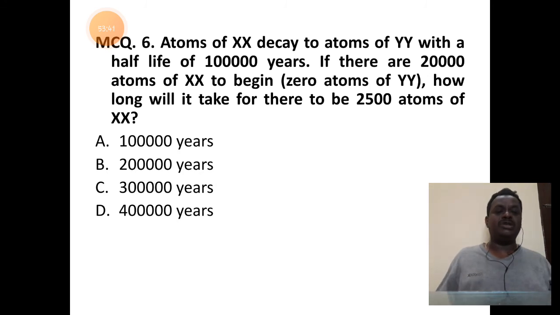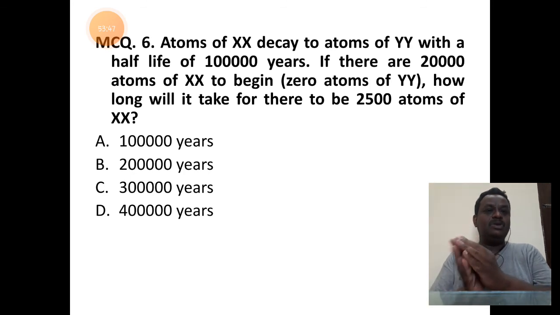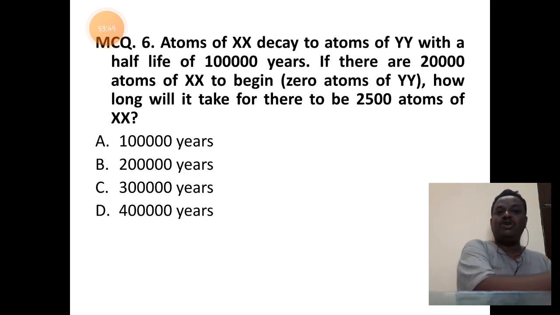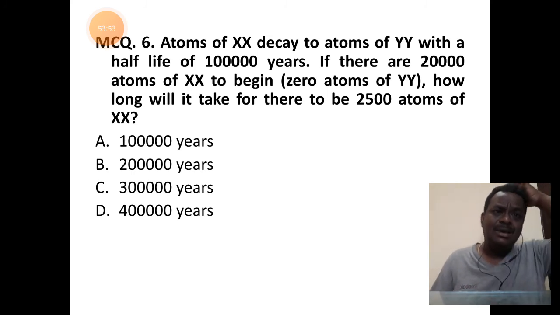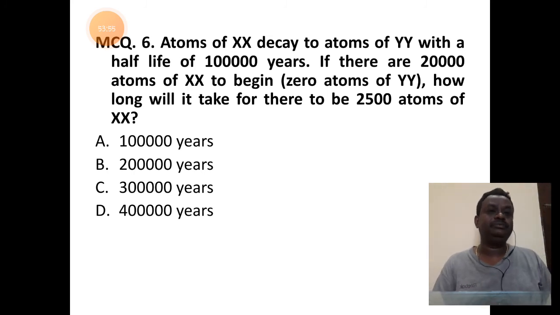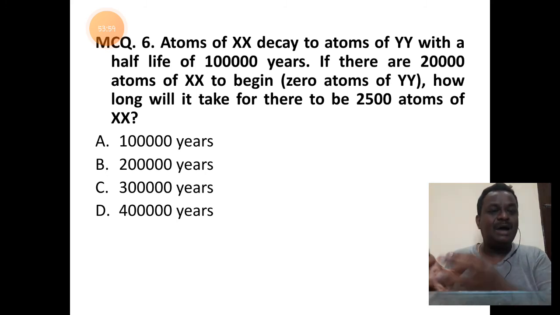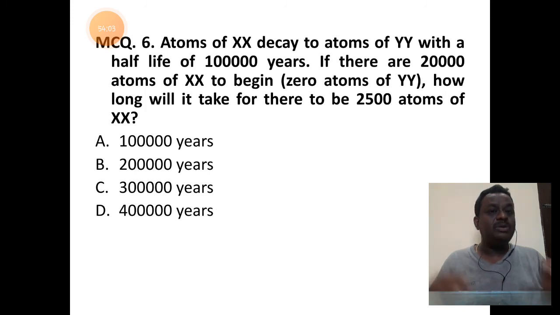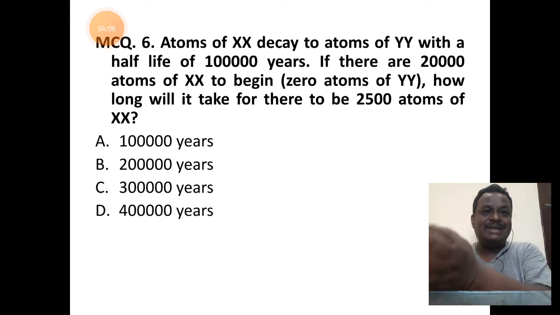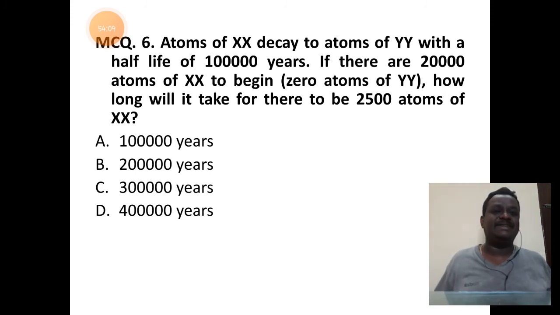Now here is a question. We have atoms of X decaying to atoms of Y, whose half-life period is 1 lakh years. If there are 20,000 atoms of X, understand please. So they began with 20,000 atoms of X. That is the 100%.